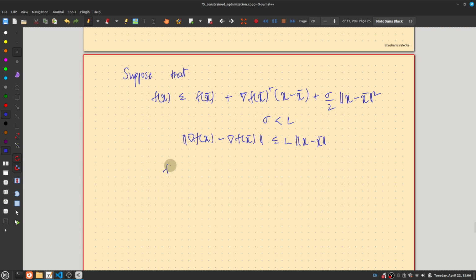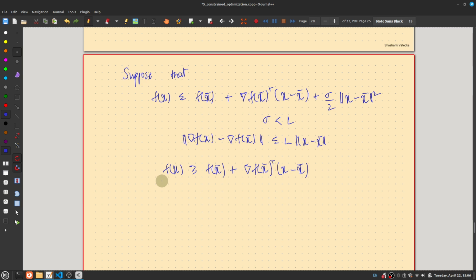Just convexity implies that f of x is greater than or equal to f of x bar plus gradient f of x bar times x minus x bar. So I think what you asked is the very first one, should it be a greater than or equal to? That's what you are saying. Yeah, I know that. But convexity ensures that this is greater than or equal to this.